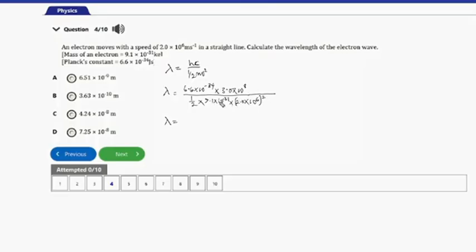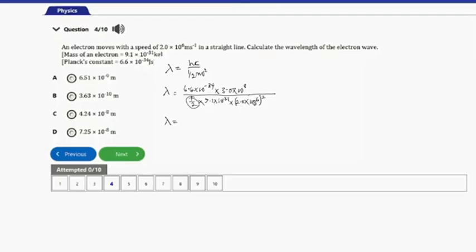The mass here is 9.1 times 10 to the power of negative 31 times the square of the velocity, which is 2.0 times 10 to the power of 6. We'll square it and then divide all this by 2.